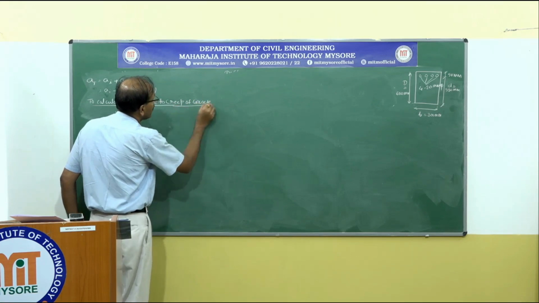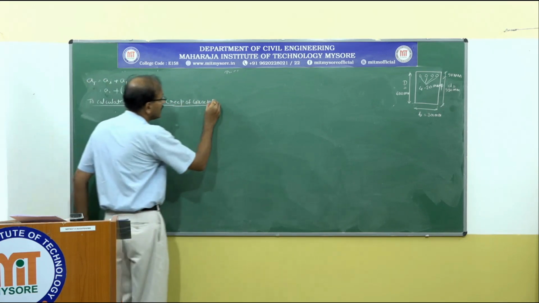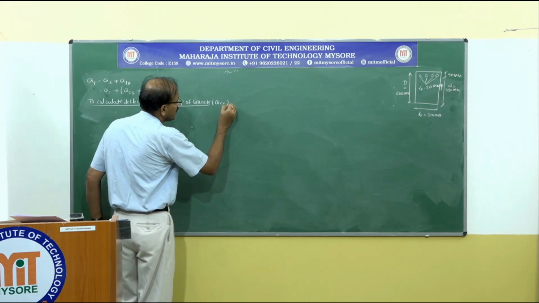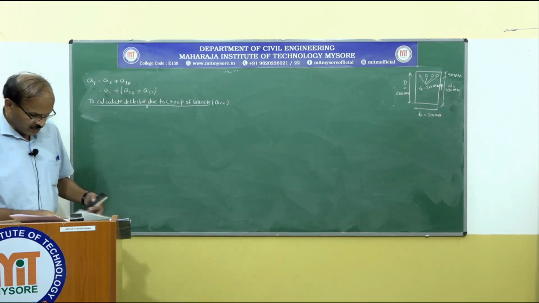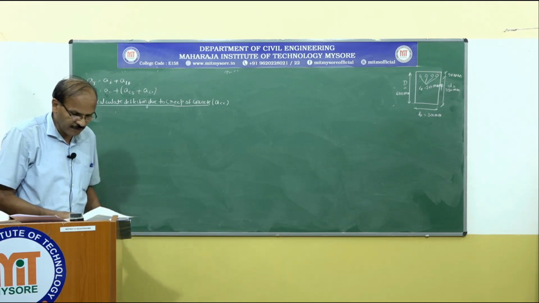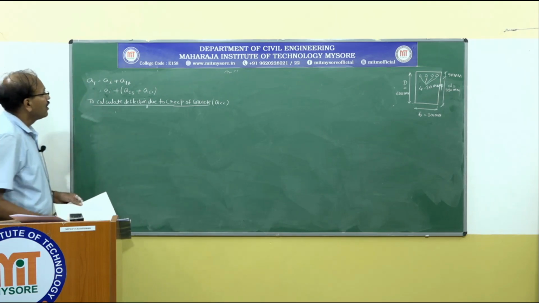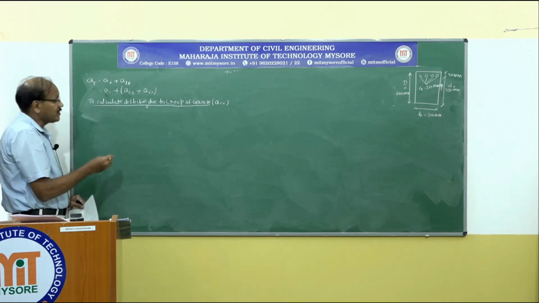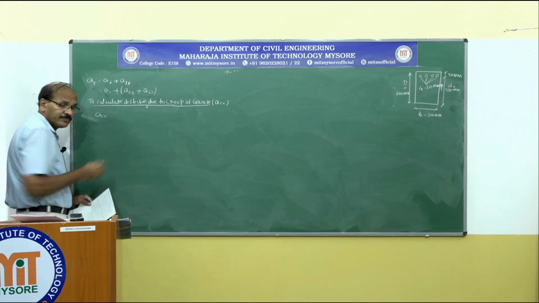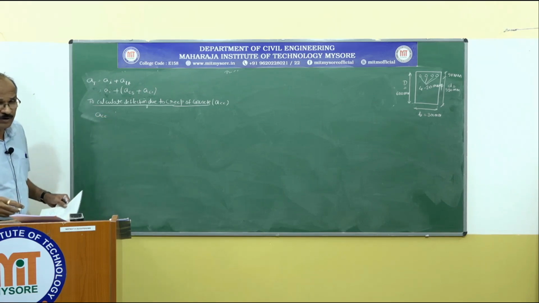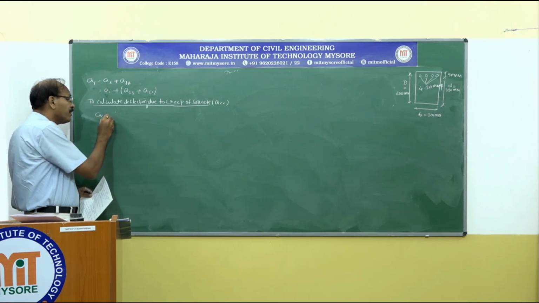Due to creep of concrete, that is ACC. When it comes to the deflection due to creep of concrete, ACC is nothing but the creep of concrete that is due to permanent load.